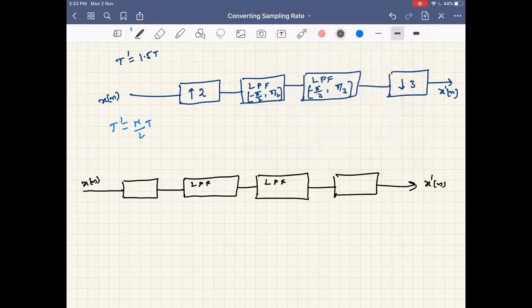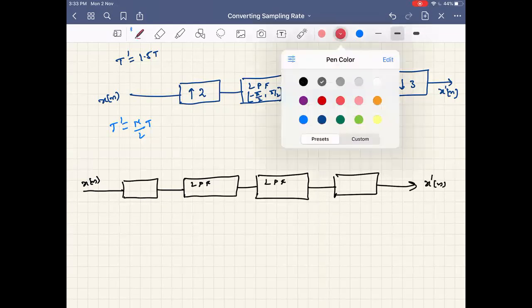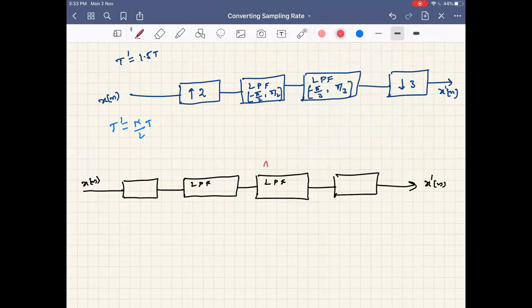Now this first low pass filter is referred to as the reconstruction filter or interpolation filter, and this other one is the anti-aliasing filter. The cutoff frequency for the interpolation low pass filter is from minus pi by L to pi by L, as we would like to cover the minus pi to pi spectrum in Xc of e power j omega.